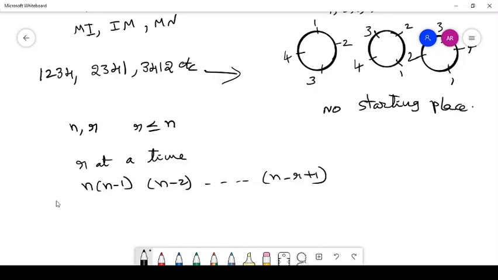This is denoted by nPr or P(n, r), where 1 is less than or equal to r, which is less than or equal to n.